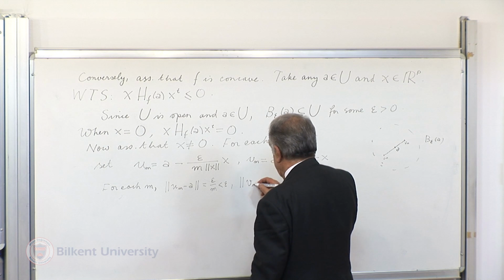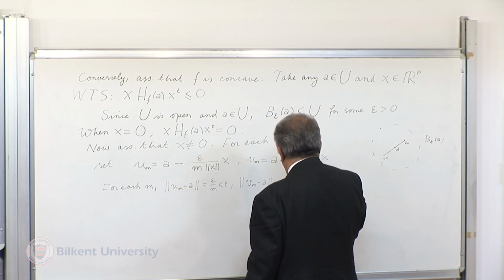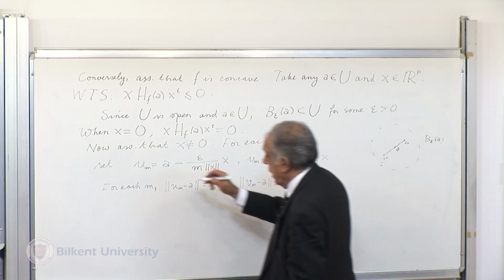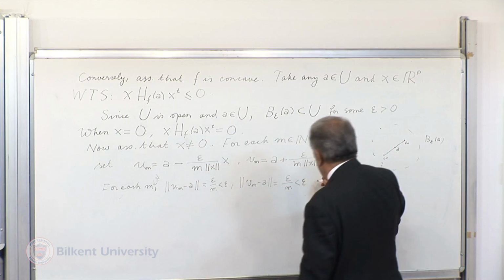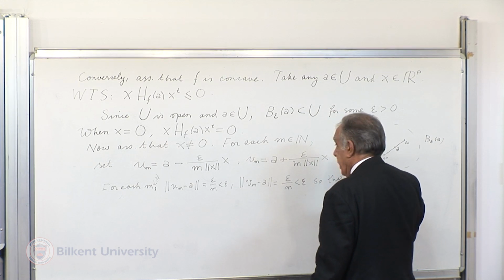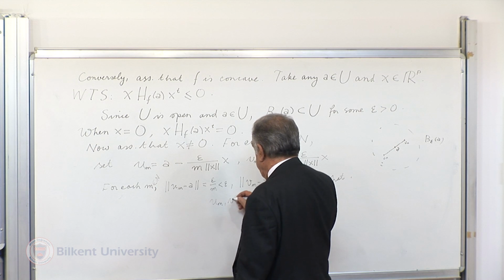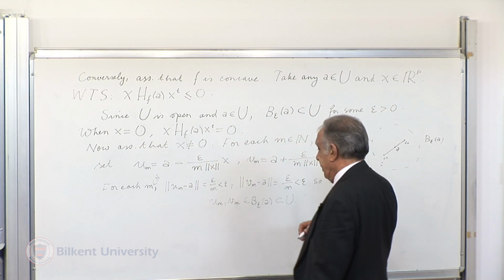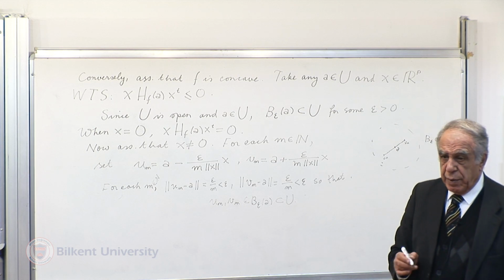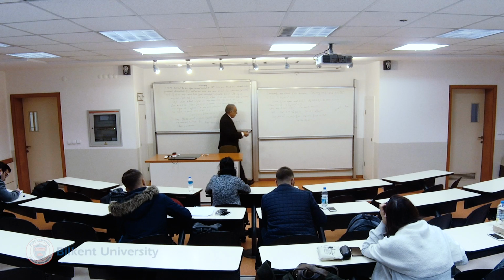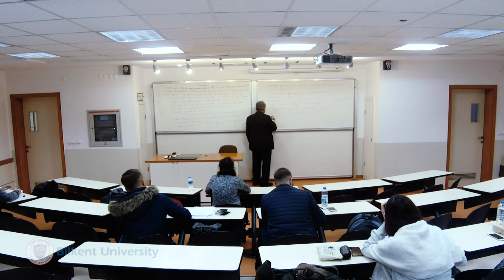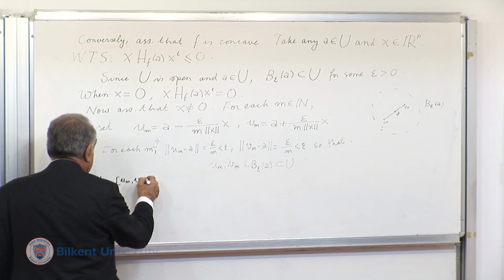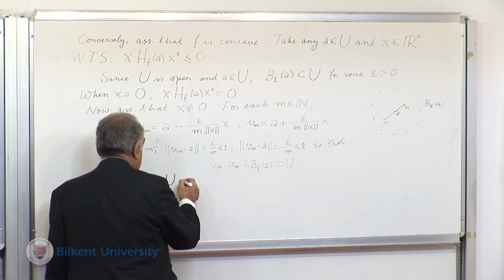And the norm of VM minus A, again, will be epsilon over M, and that will be less than epsilon for each M in N. So both UM and VM belong to the epsilon ball about A, but that's in U. So they will both be in U. The segment UM, VM is contained in U.